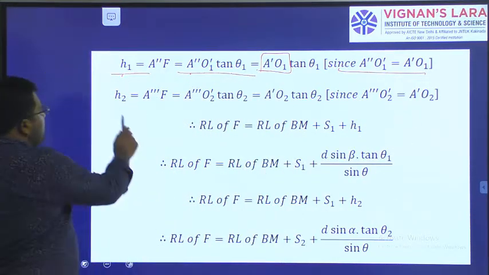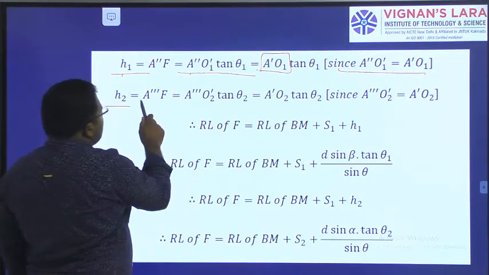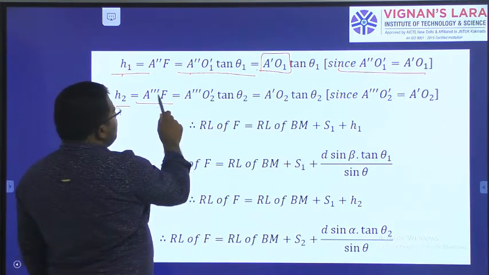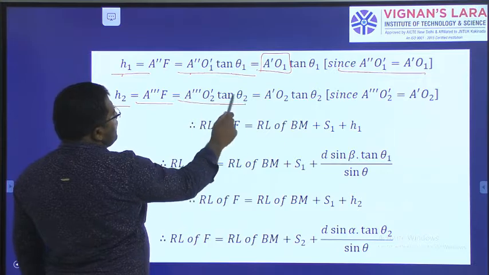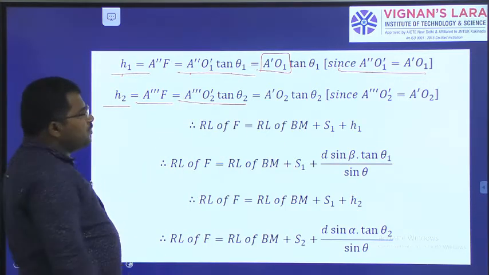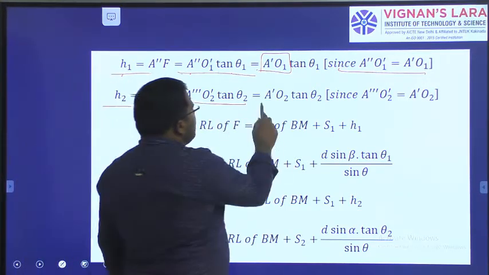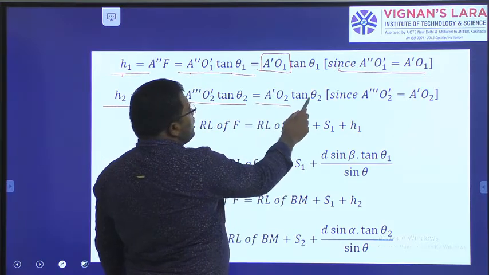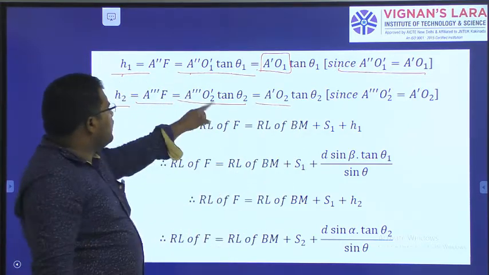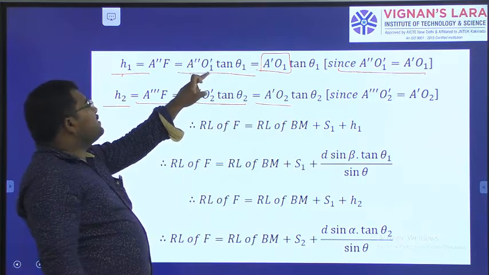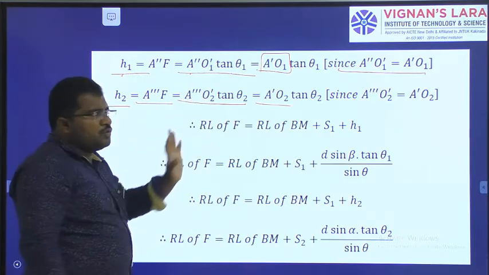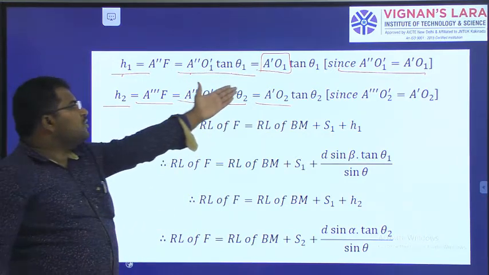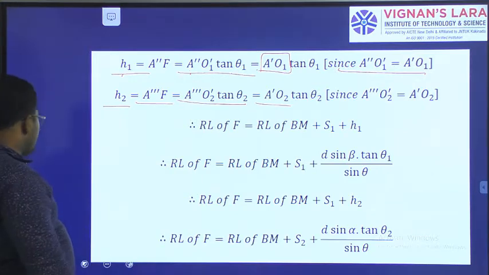Now H2 will be equal to A triple dash F. F is given as O2 dash tan theta 2, so this will be written as A dash O2 tan theta. We will see how A triple dash O1 and A triple dash O2 are equal to A dash O1 and O2.